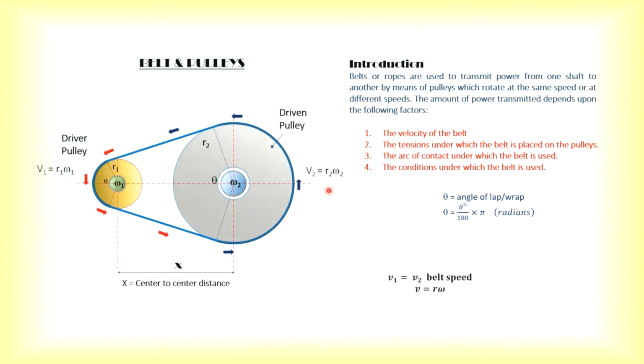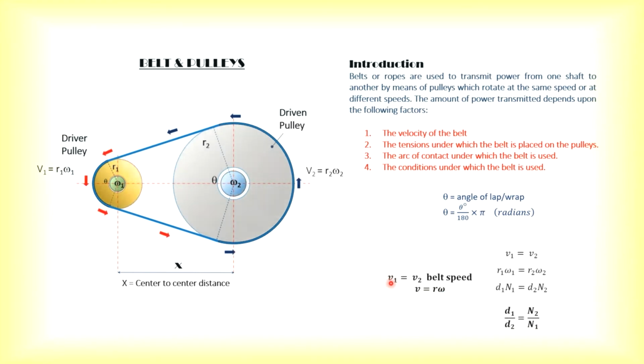V1 or V2 are called the belt speed or the tangential speed. We know that tangential speed is given as R omega, where R refers to the radius of the respective pulley and omega refers to the angular speed of the shaft. If you are referring to the smaller pulley, you will have subscript 1 for the radius and subscript 1 for the rotational speed.